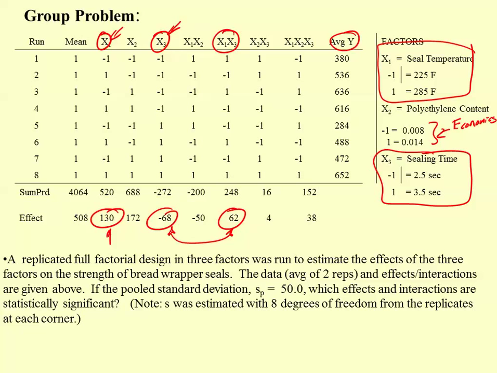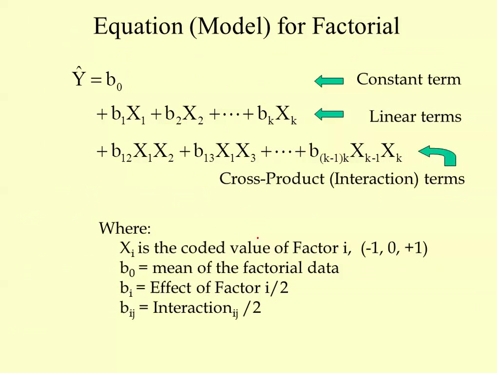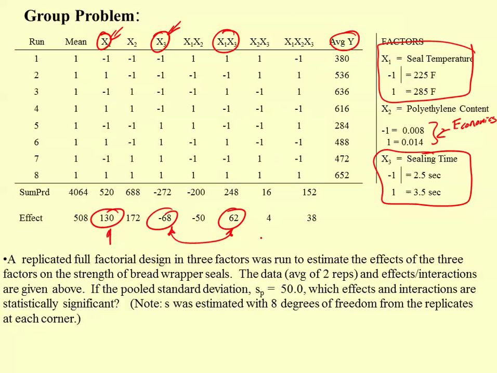So that, combined with other reasons, is why we take these results and go from, hey, we have 3 significant effects, to let's use that to build a model. A model means our response is some function of x's.